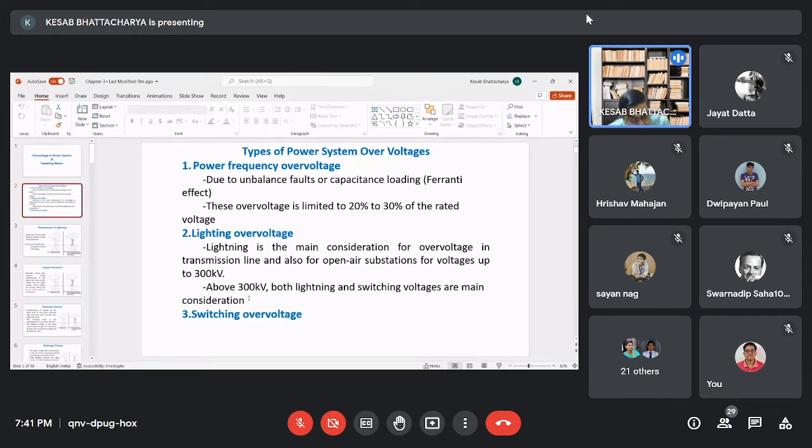But beyond a certain value, the peak value of switching overvoltages is higher than the lightning overvoltage. In those cases, in the high voltage range, you have to consider the higher overvoltage, that is the switching overvoltage, and select the insulation voltage level accordingly.